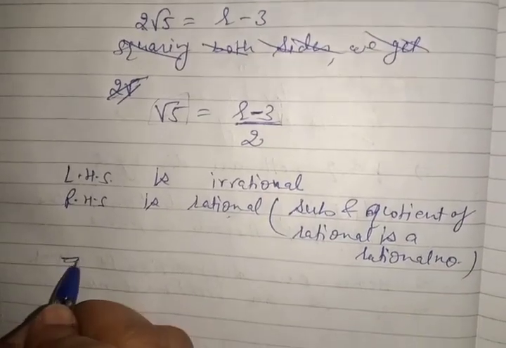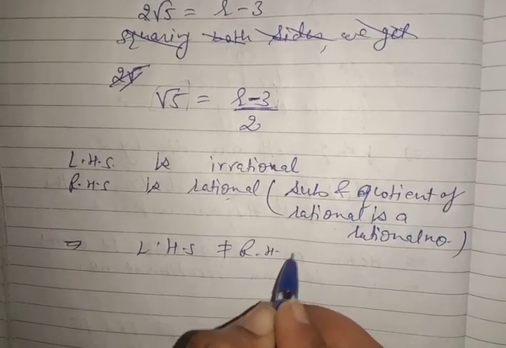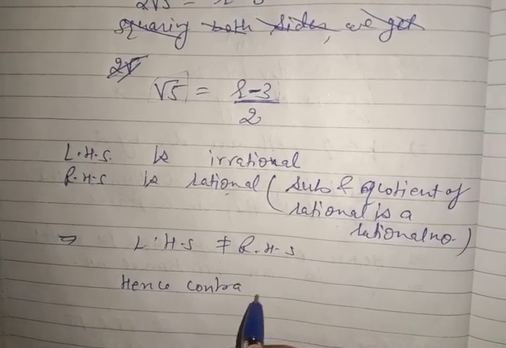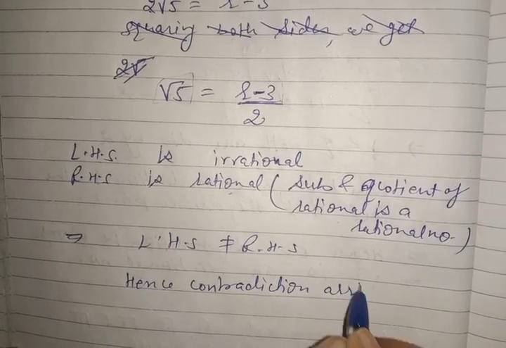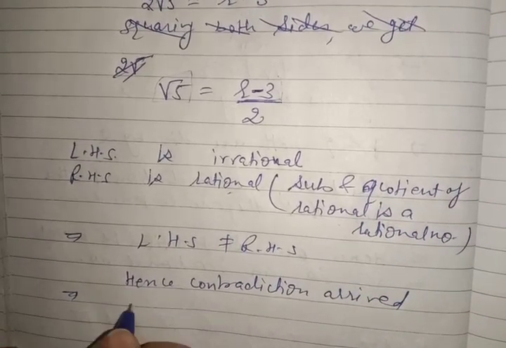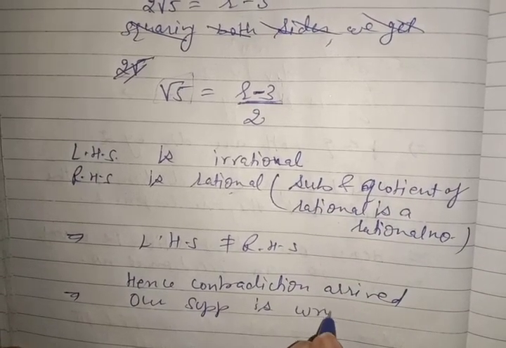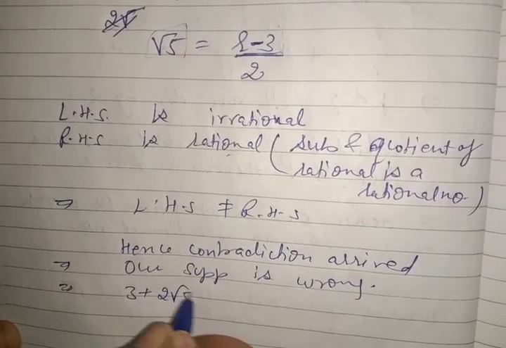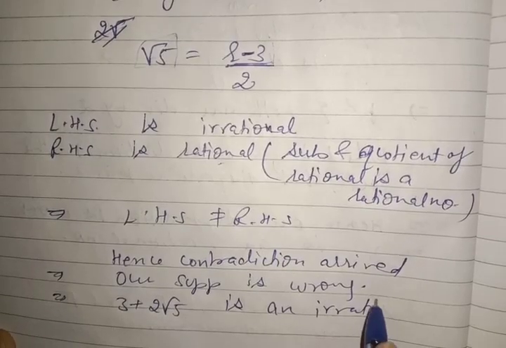So this implies LHS is not equal to RHS. Hence a contradiction arrived, and this implies our supposition is wrong, and this implies 3 plus 2 root 5 is an irrational number.